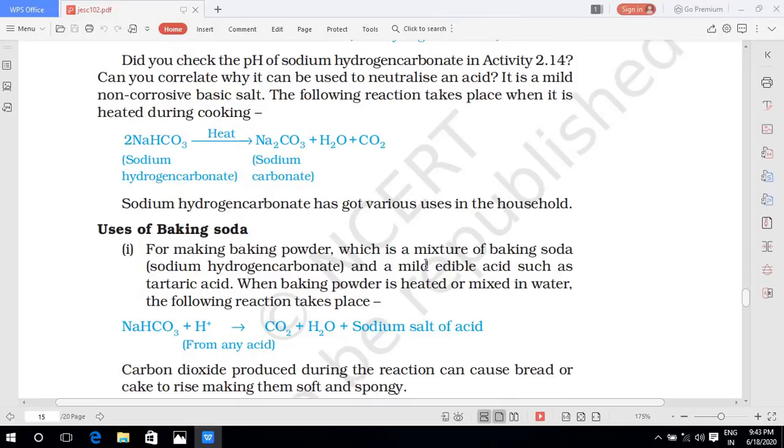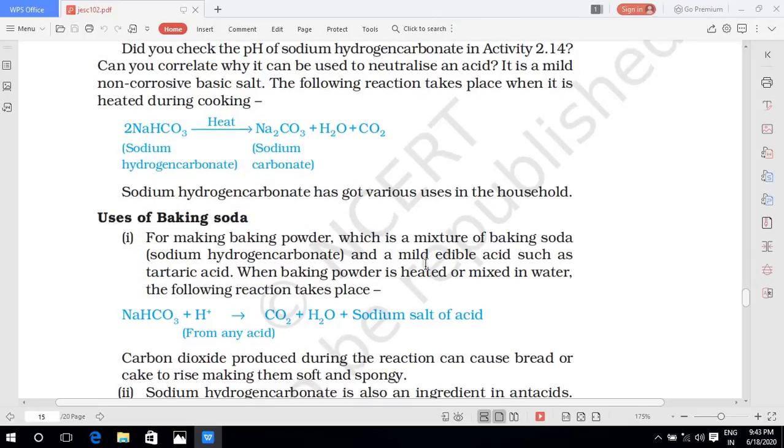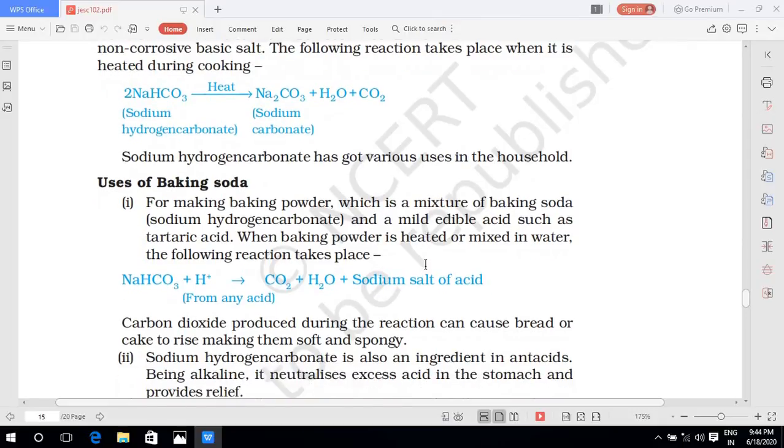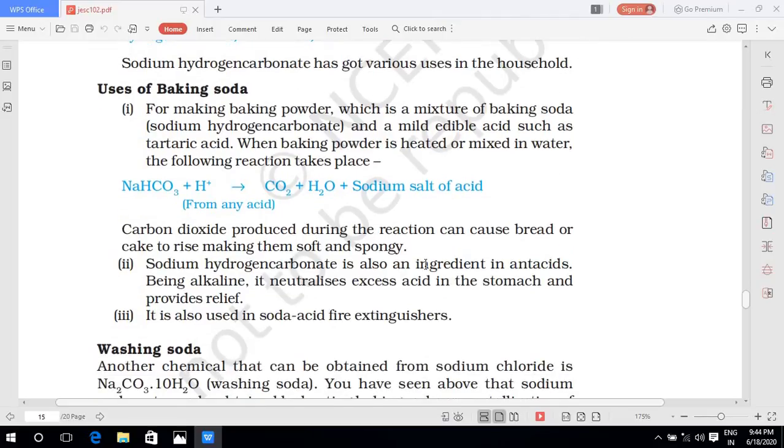Uses of baking soda: for making baking powder, which is a mixture of baking soda and a mild edible acid such as tartaric acid. When baking powder is heated or mixed in water, the following reaction takes place, and this is the reaction that gives us the sponginess in our bread, and it's very delicious and tasty.